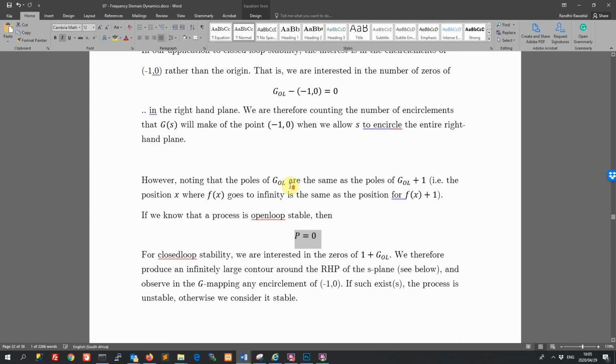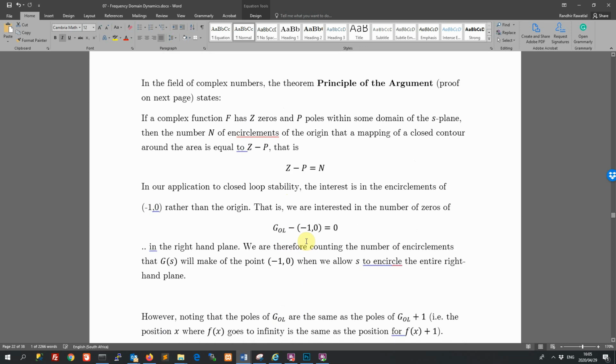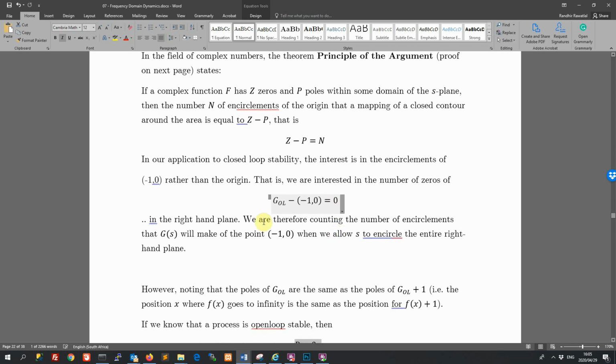Now, a remaining question that you might have is, well, how am I supposed to go and encircle the entire right-hand plane? I want to know how many zeros I have in the right-hand plane. So I want to know any real number that's more than 0. Do I have any numbers like that? So to find that out, we have to encircle.